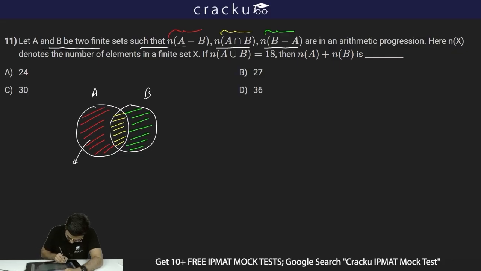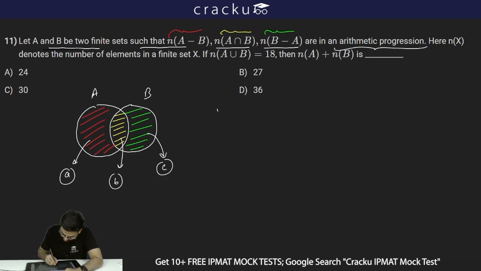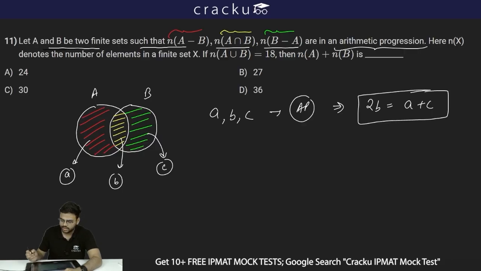Let's say this value is a, this value is b, and this value is c. It is given that they are in an arithmetic progression. So a, b, c are in AP, so I can write 2b is equal to a plus c.